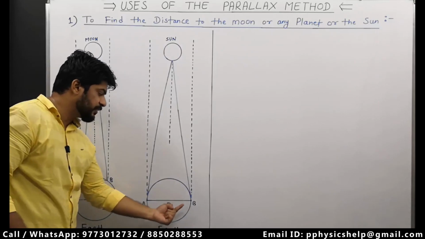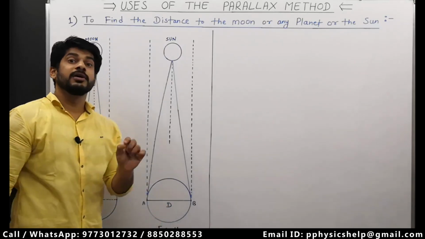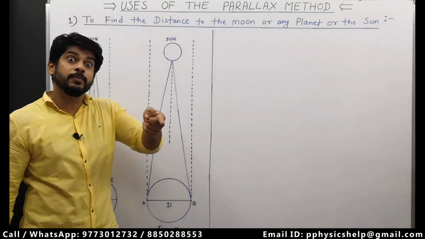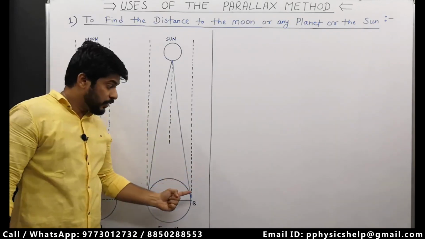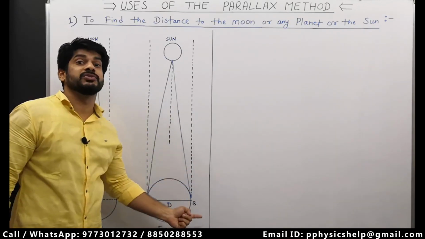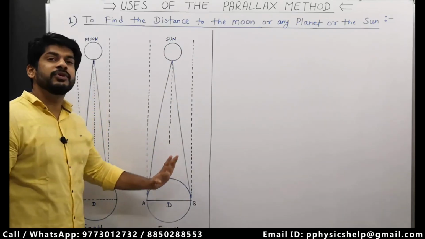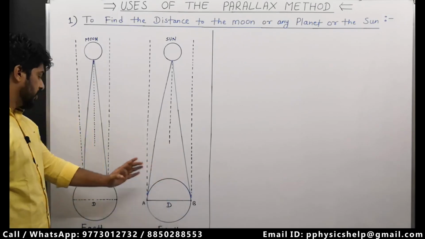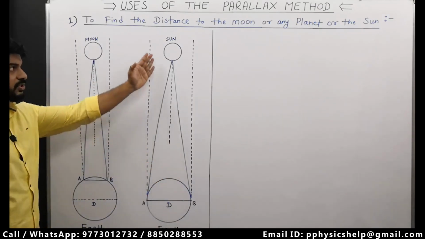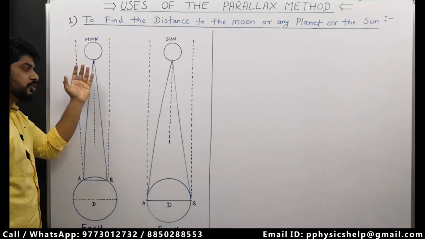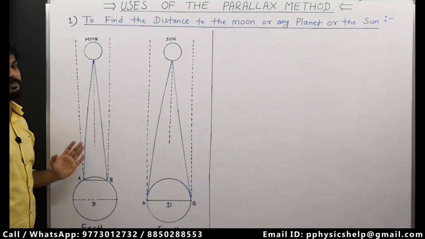You can see this is a diameter, and A and B are diametrically opposite points, and we have built our observatories at such locations for this purpose. Generally we do this. Not only in this case for the sun or planet, for the moon also we can go for the same method.